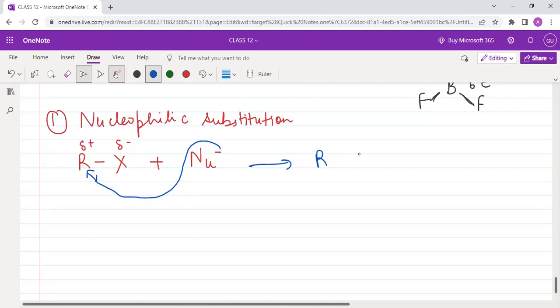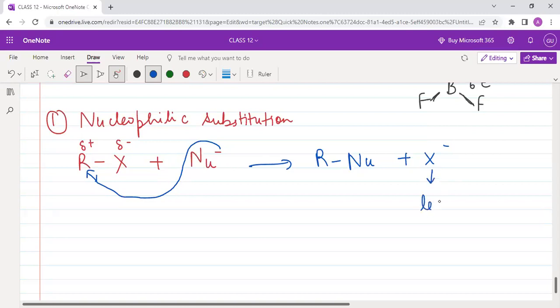Now it will form R-Nu and X minus will be released. You can see that the existing nucleophile is replaced by another nucleophile. So this is called nucleophilic substitution.